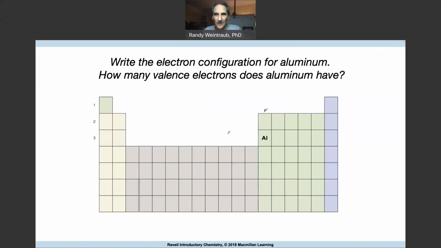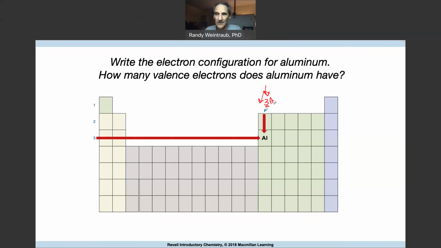Let's do one last example, write the electron configuration for aluminum. Aluminum is in group 3A. That will immediately tell us there are 3 valence electrons, and it is a metal. It's in period 3.